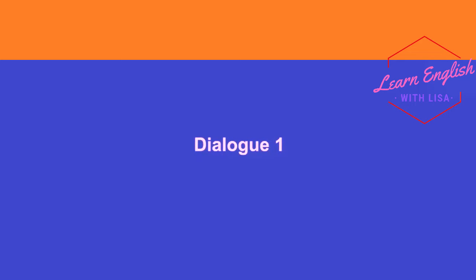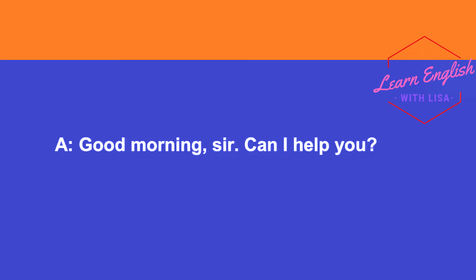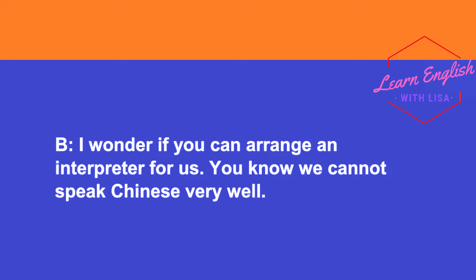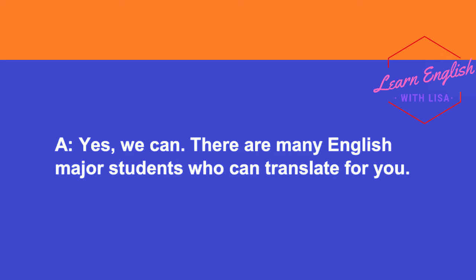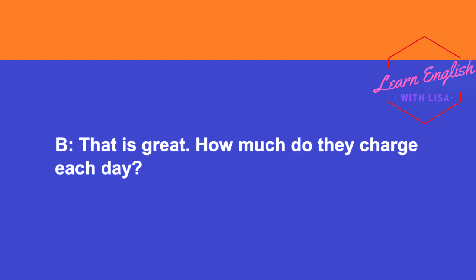Dialog 1. Good morning, sir. Can I help you? I wonder if you can arrange an interpreter for us. You know we cannot speak Chinese very well. Yes, we can. There are many English major students who can translate for you. That is great. How much do they charge each day?